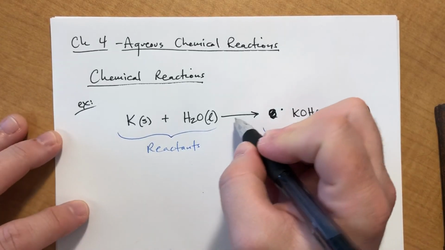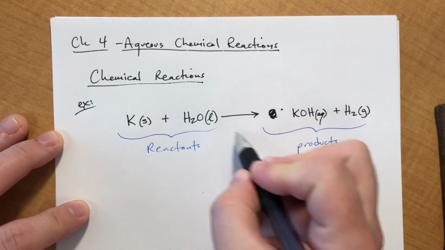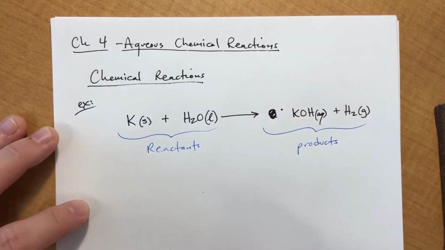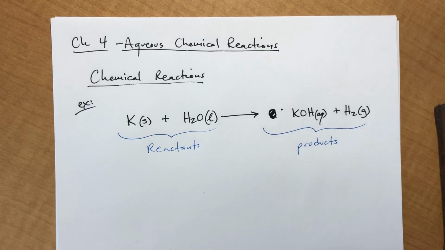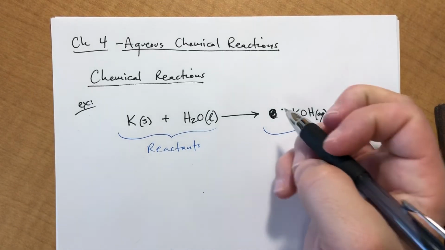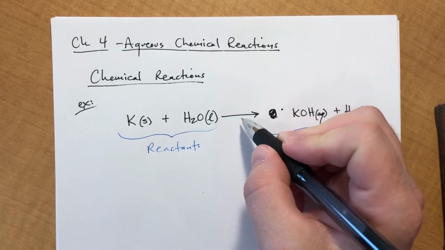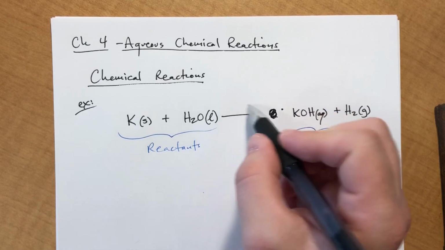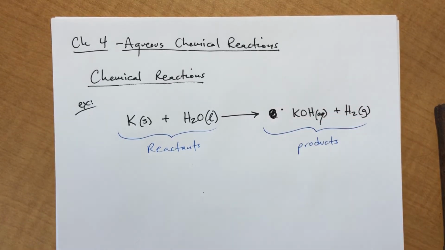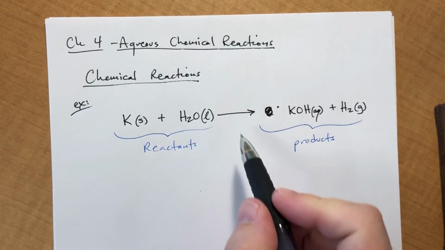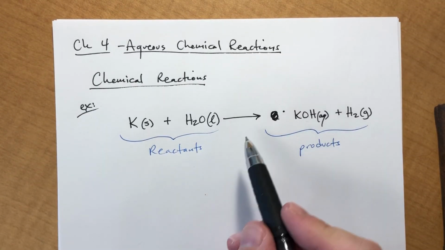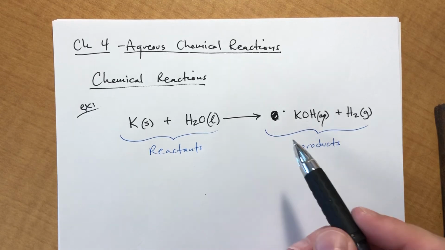This little arrow just means some sort of chemical change. It's super vague. Occasionally you'll see symbols written over top, like a certain temperature, or if you have a catalyst, this is where you would write it, but for most of the things we're going to do, the arrow just means some sort of chemical change.